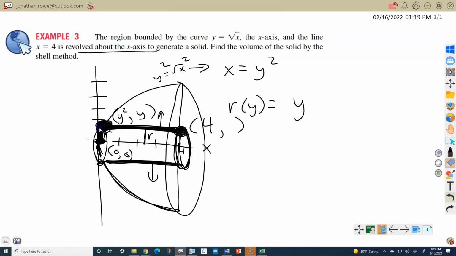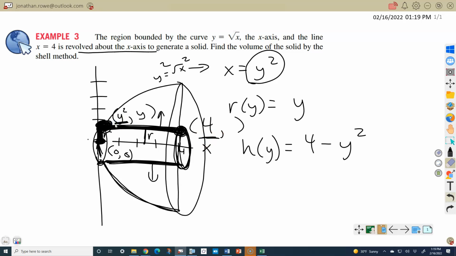What is the x coordinate here? We've already said it's y squared. So the height as a function of y is going to equal 4 minus y squared. So it's the difference in these x coordinates, which is 4 minus y squared.